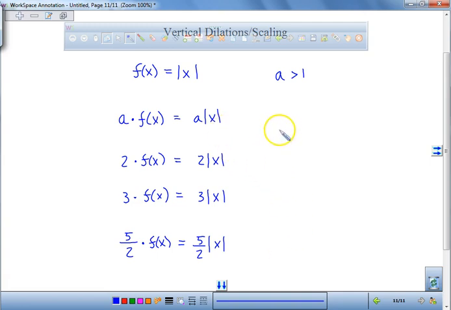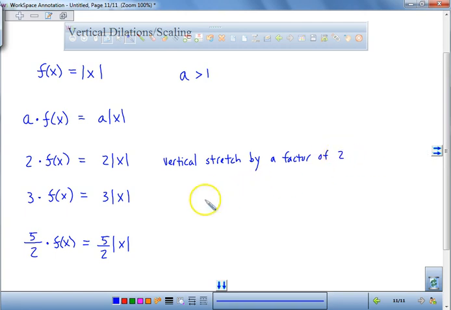So right now, I want you to understand that what's happening here is that this has been scaled. We're going to call it a vertical stretch by a factor of 2. This one is a vertical stretch by a factor of 3.